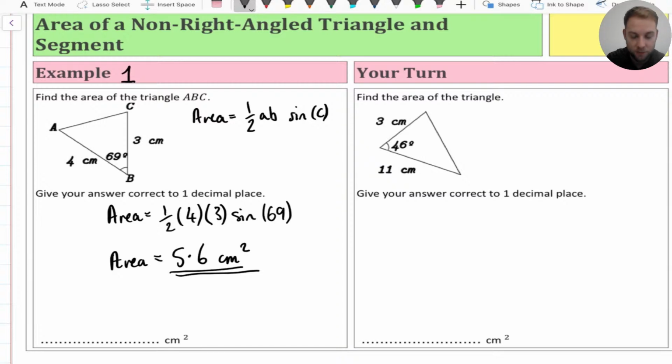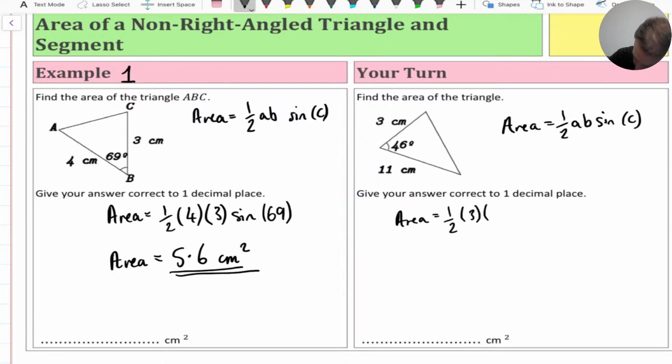Some people have got it already. Super. I'll quickly go through it then. So my area is equal to a half AB sine of C. So we know that the area is equal to a half times by 3 times by, nearly said 4 then, 11 sine of 46, which is equal to 11.9 centimeters squared.